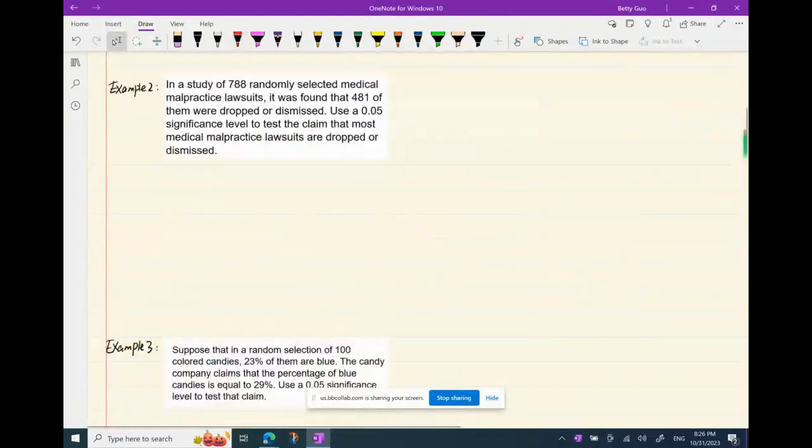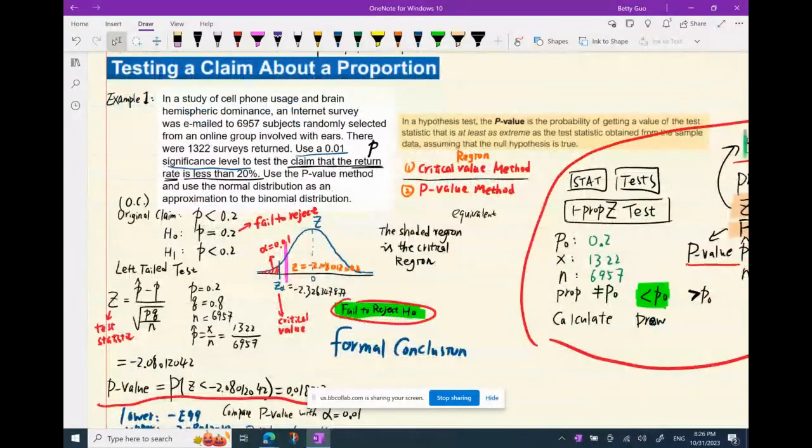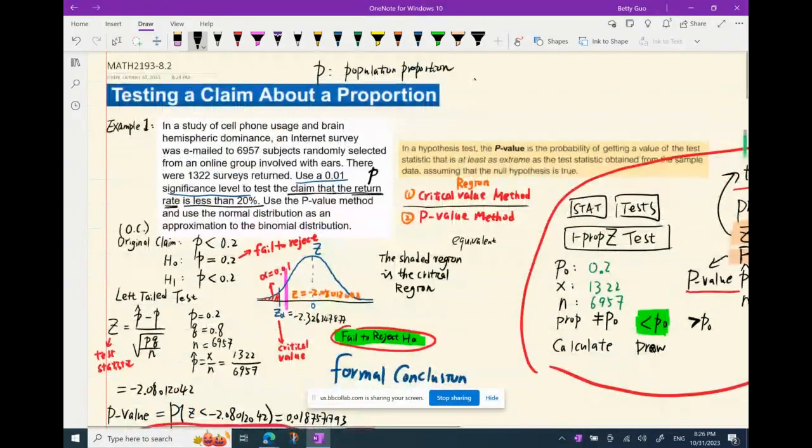Let's look at the second example. Actually, we didn't check the requirements, right? The requirements do get satisfied. Normally in a math class you don't really need to check the requirements, but of course you need to know they are satisfied. In reality, you need to make sure all 3 requirements are met, and you don't start when the method doesn't actually apply. I apologize, we should check at least this one.